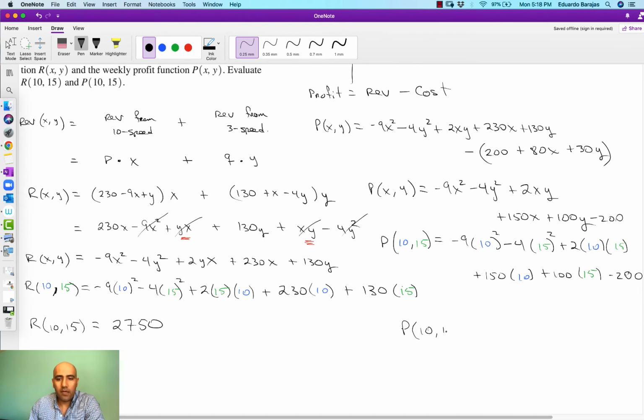P of 10 comma 15 is equal to 1,300. Okay, so the revenue collected was 2,750, but the profit realized is 1,300.